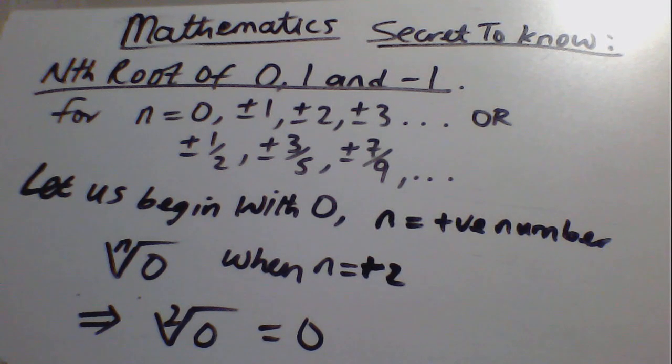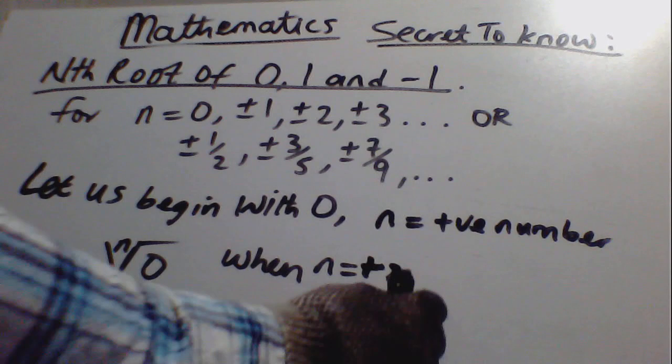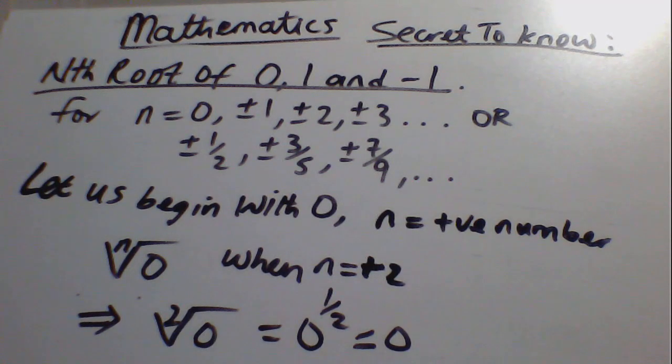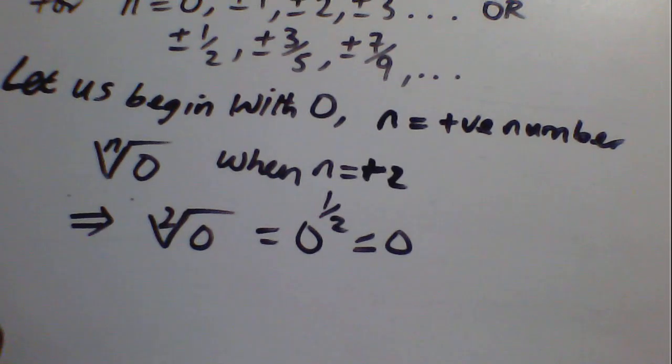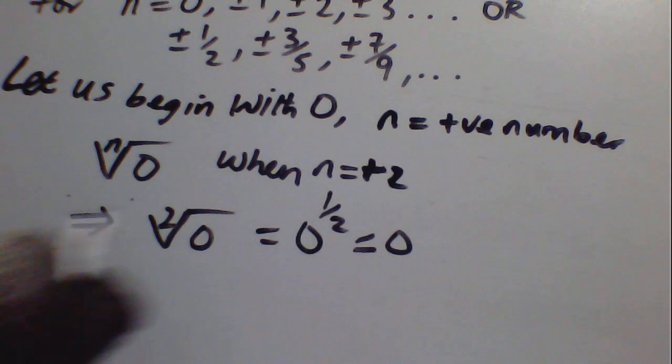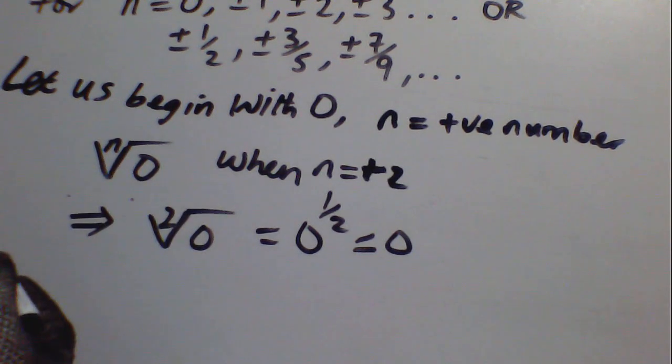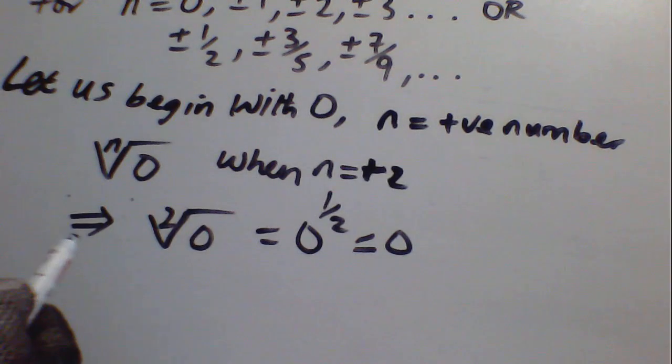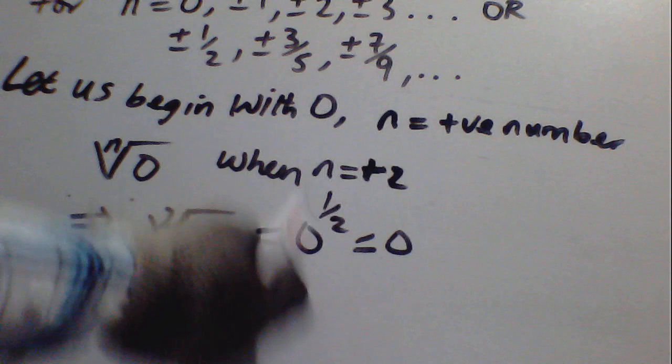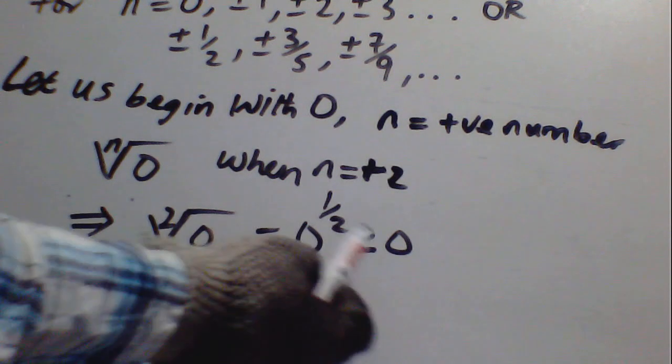So we have 0 raised to the power half, and we have done that: when 0 is raised to a power of a positive number, the result is 0. Unlike when the root is 0, where we have indeterminate, when n is a positive number, in this case plus 2, you have 0 to the power half as the root exponent. This rational number case is equal to 0.